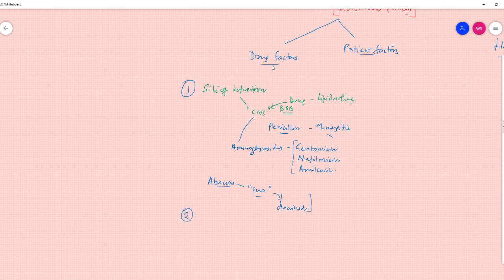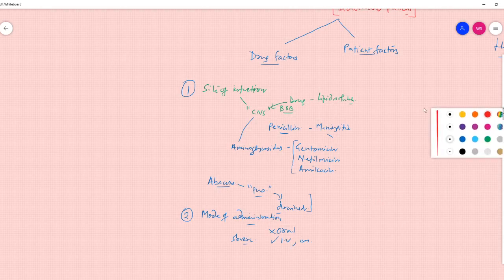The other thing that we need to look at as a drug factor is the mode of administration. So if the infection is severe, then oral is not the best route because it takes time for it to reach the compartments in high concentrations. Okay, so the best choice would be giving it by a parenteral route like IV or IM, intravenous or intramuscular.